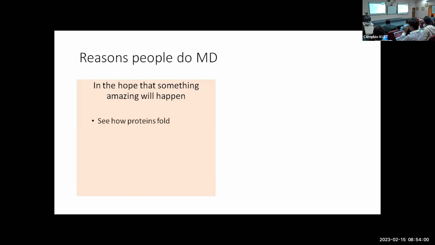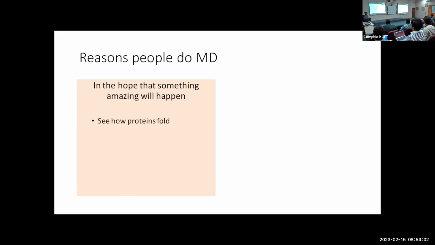Now, why do people do MD? A lot of people come to me and say, I know if I do this MD, I'm going to find the drug for this cancer, because you are hoping something amazing will happen out of the MD simulation. This is so common; I hear it so many times.